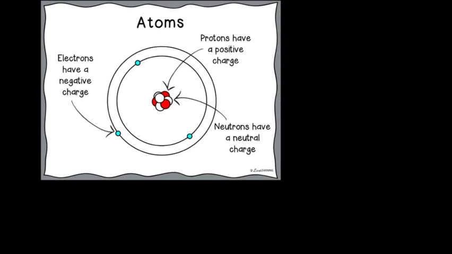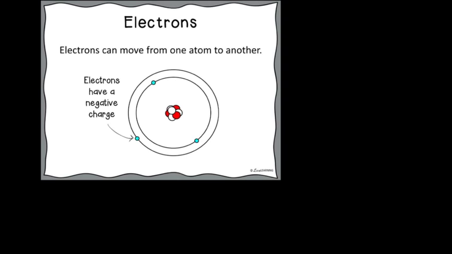And while protons and neutrons are held together in place in the nucleus of the atom by the strong force and really can't go anywhere, electrons, particularly the electrons in the outermost energy levels, or the valence electrons, are able to move around from one atom to another.